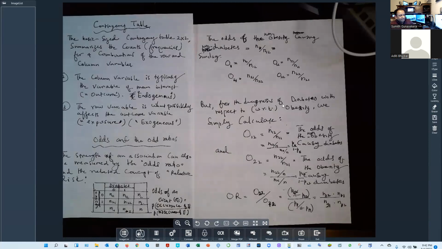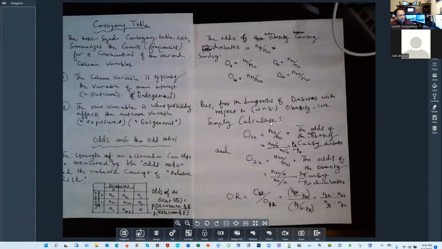But for the diagnosis of diabetes with respect to obesity, this is what I'm interested in. With respect to obesity, whether you are obese or not, those two are the ones I'm interested in.